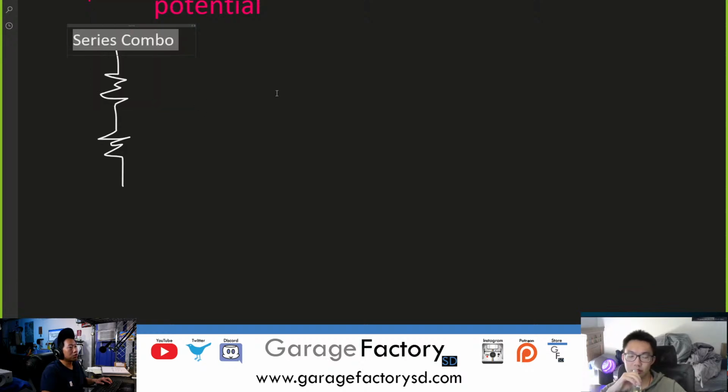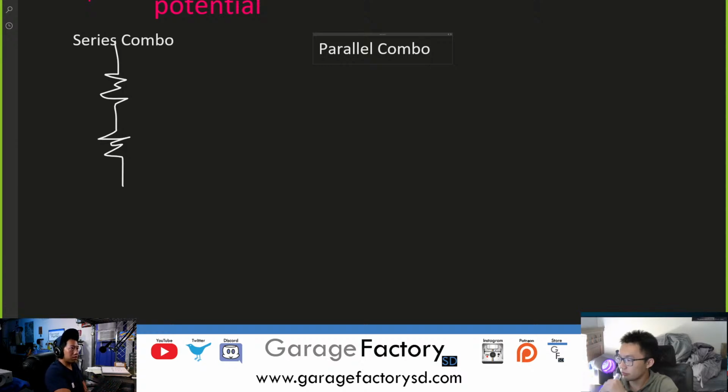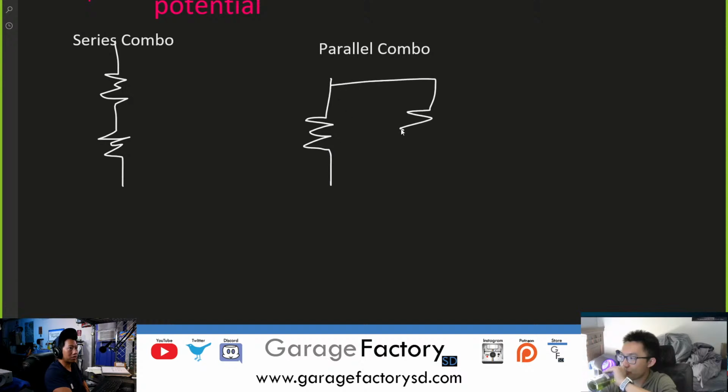And then when you've got a parallel combination, when you get resistors configured like this, let's get R1 and R2 labels here. This is R3 and R4.